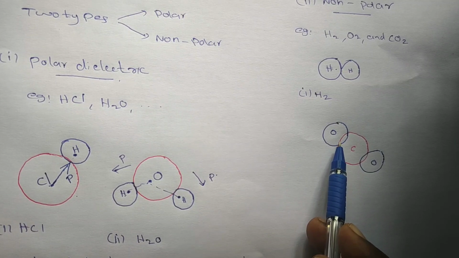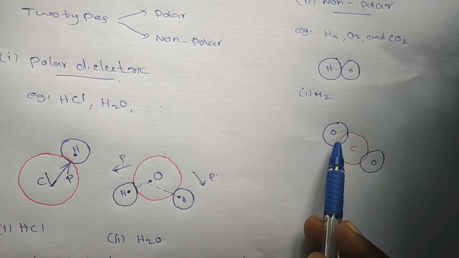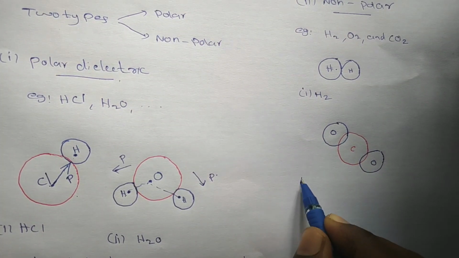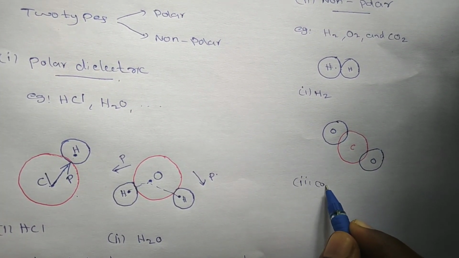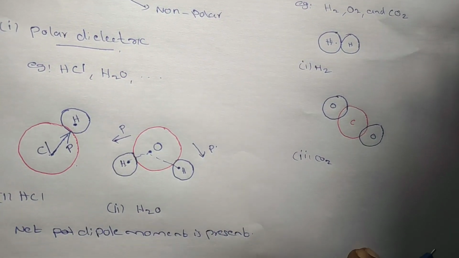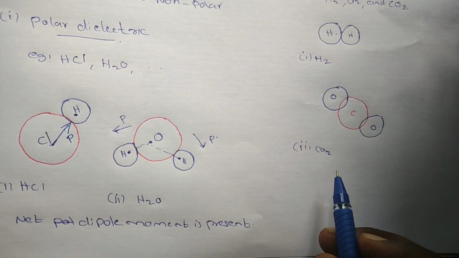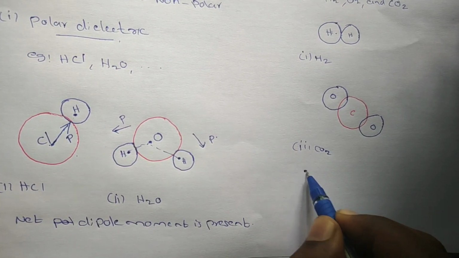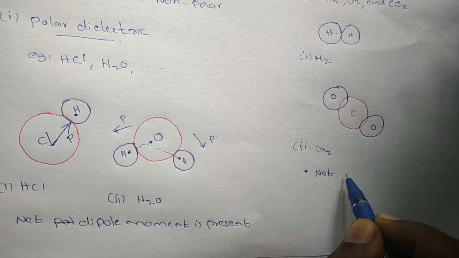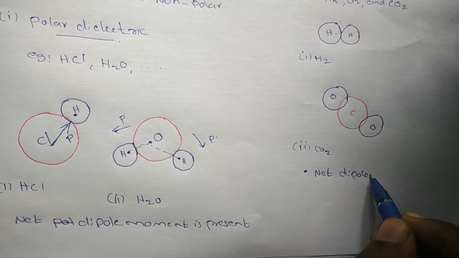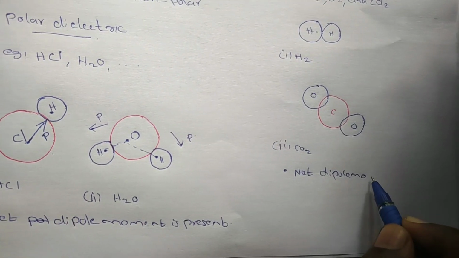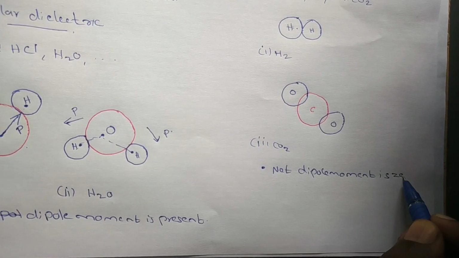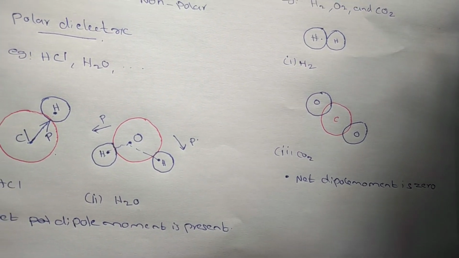So there is no charge formation here. So what will happen? The net charge for this case is also 0. So we can say that the positive and negative centers coincide and the net dipole moment is 0 here. Net dipole moment is 0.